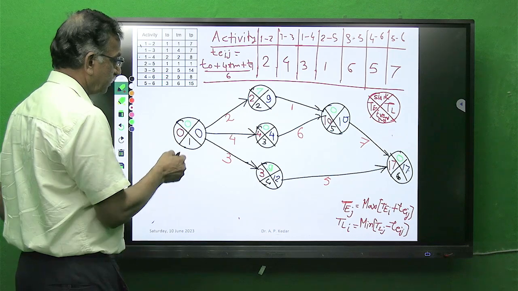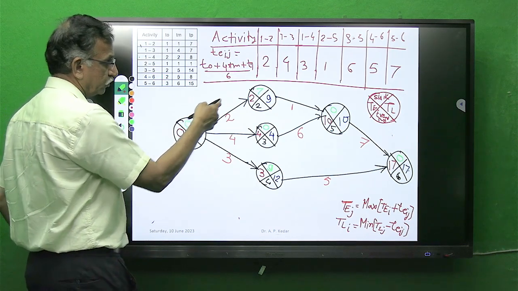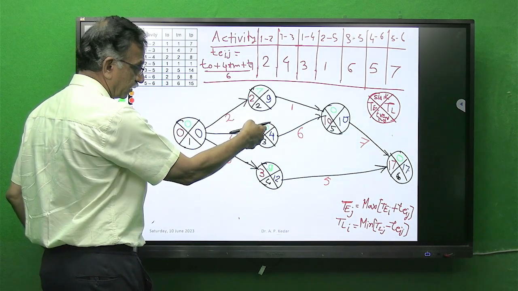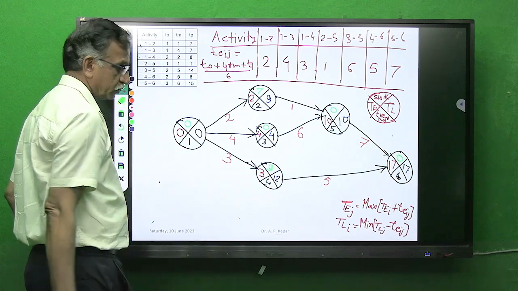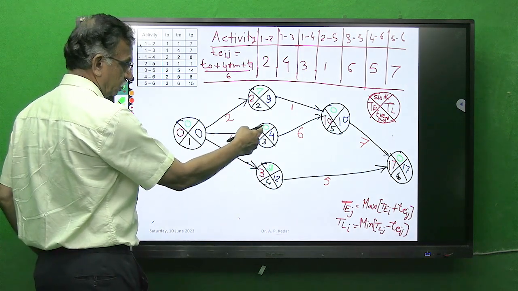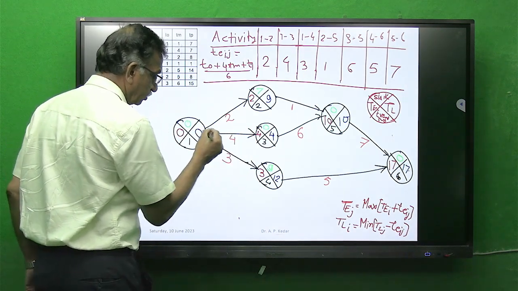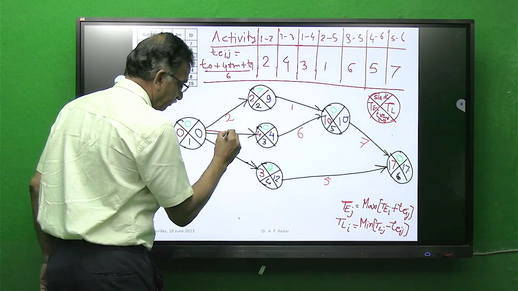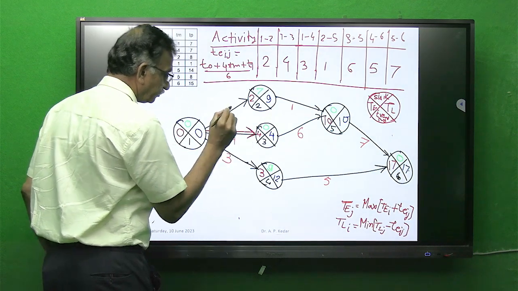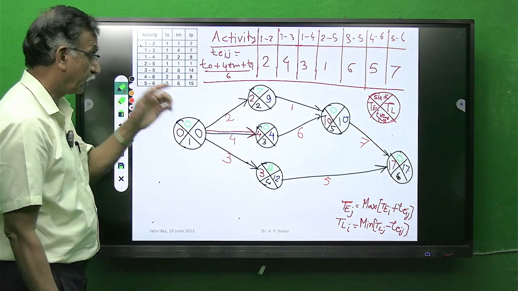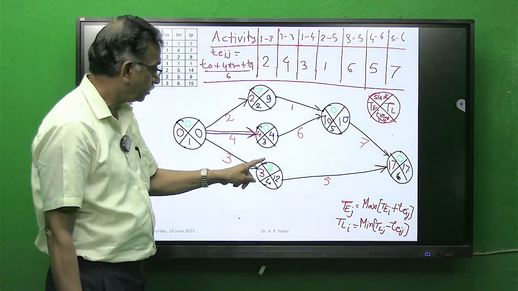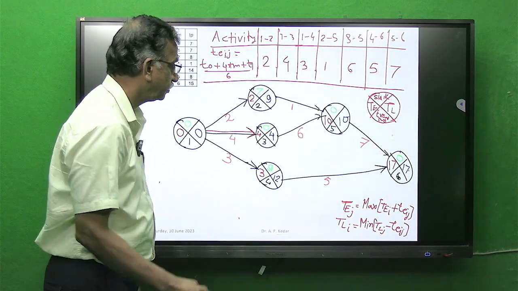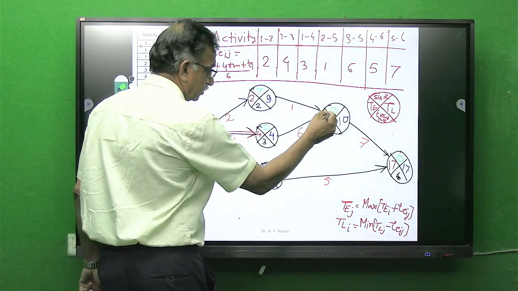Now here see, this is slack 0, this is 7, 0, 9. So 0 to 0, join this activity. Again 0, 0. What I am doing?